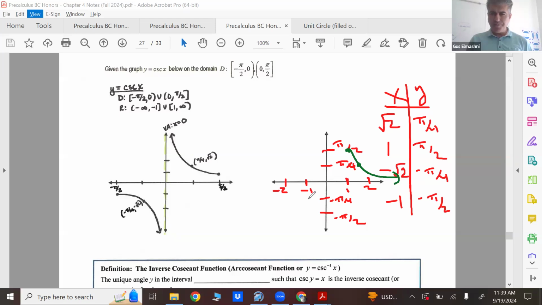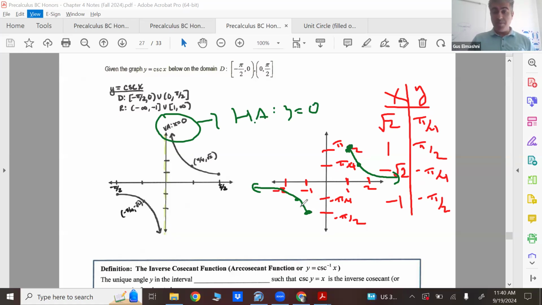And here, your vertical asymptote is at x equals 0. So what's the inverse of that? Is that a horizontal asymptote at what now? At y equals 0. Exactly, at y equals 0. And it totally fits the domain, right?